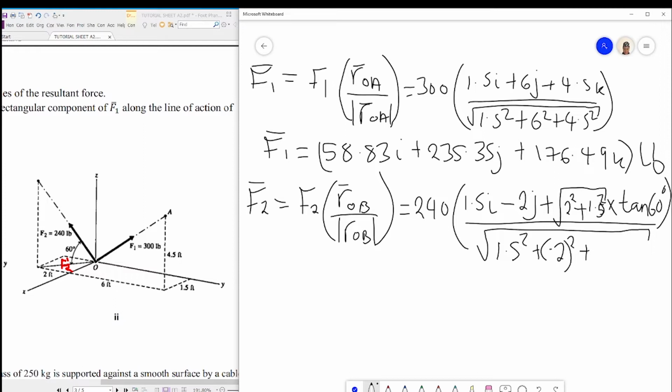So this will be tan 60 multiplied by the bracket 2 squared plus 1.5 squared.